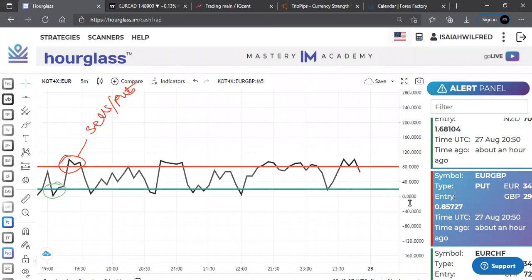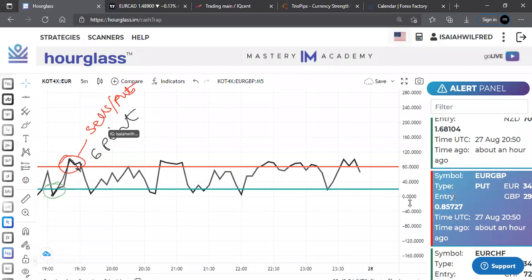So at some point, the market was in the buyer's area, and this black line moved all the way up to the seller's area. By the time this black line is coming down from the sell area, that is what we call our 6 points.